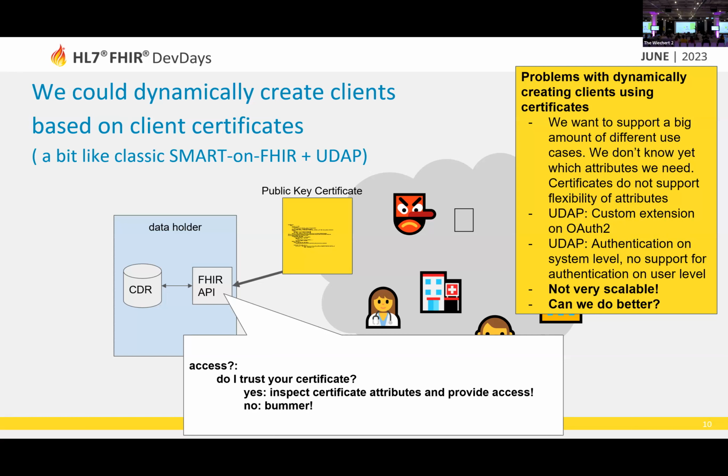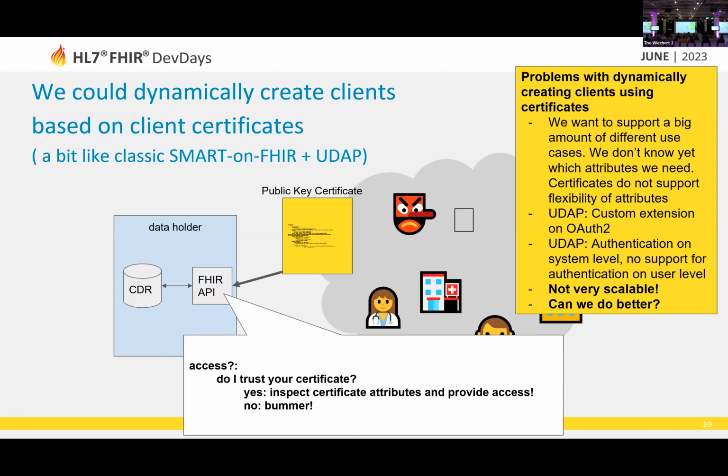And we don't know yet what attributes we will need in the future. For now, you could think of, we want an attribute that says what is the name and the role of the healthcare provider. But maybe in the future, we want to add different attributes. Certificates do not support that flexibility, which makes it less scalable.